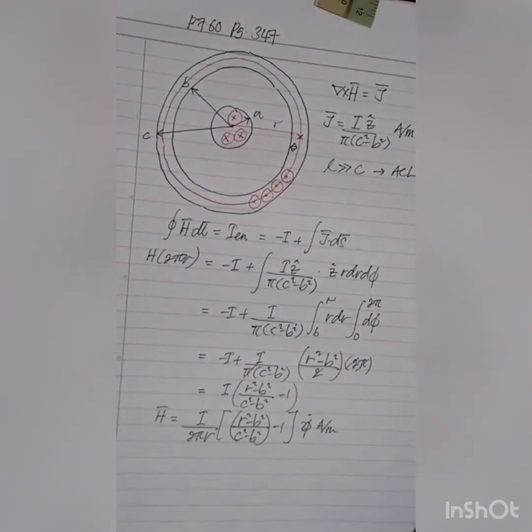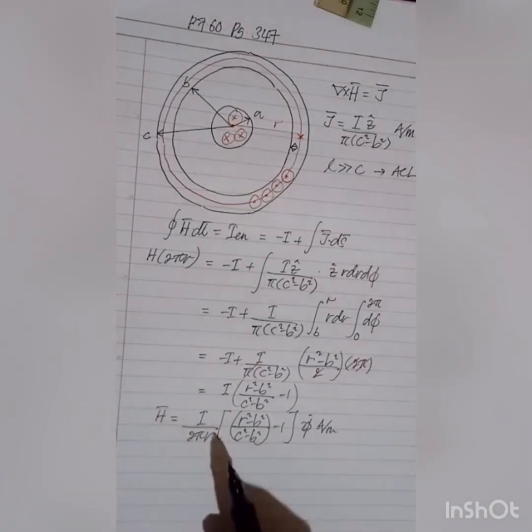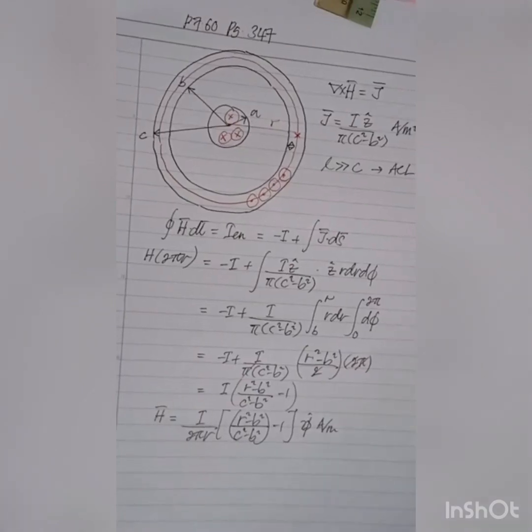Okay guys, so now we have the H already. Now we need to put this H value in terms of curl operations. So let's look at your table of curl.